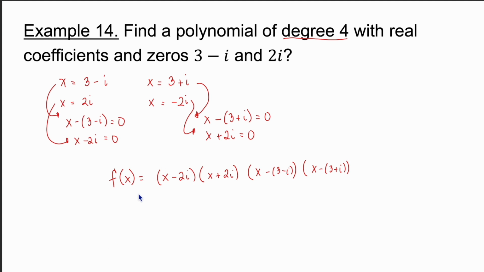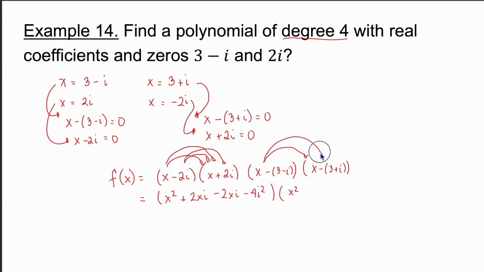Or kapag minultiply natin to, we now have x squared plus 2xi, then we have negative 2xi minus 4i squared. Okay? Multiplied to, so we have x squared times negative 3 plus i x.